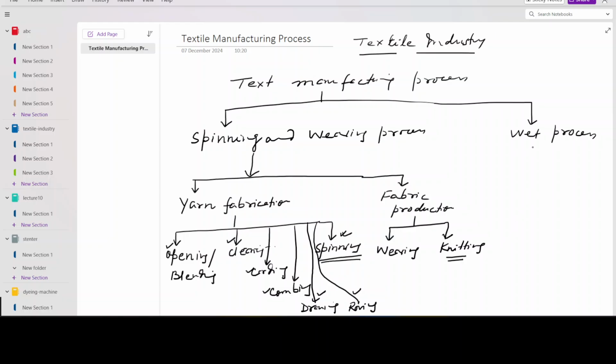And under wet process, we have wet processes, one is for weaving and another is for knitting.